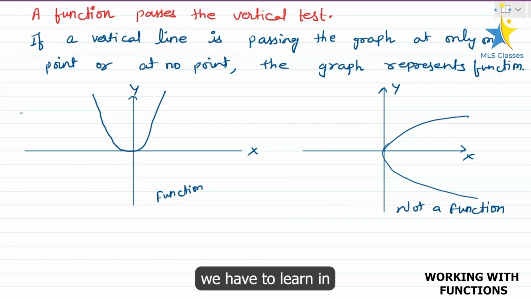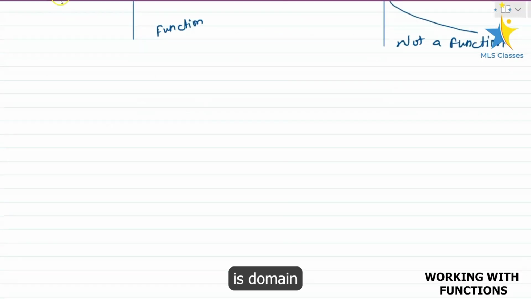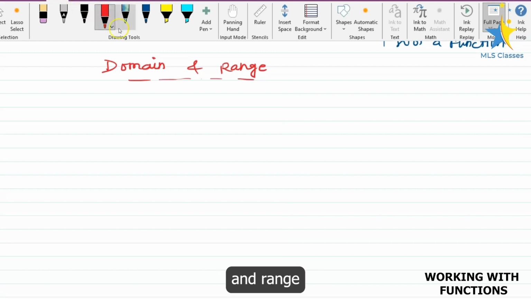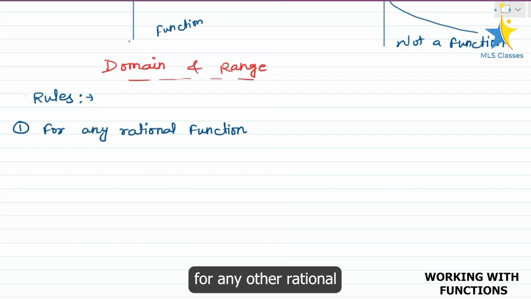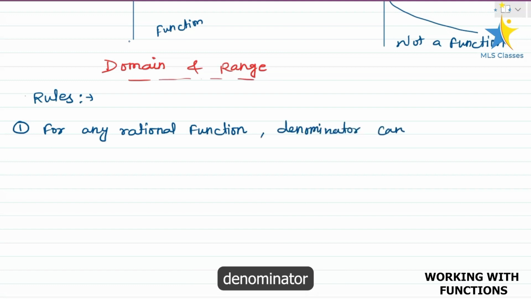Next we have to learn in this topic is domain and range of functions. Domain means the set of all inputs and range means the set of all outputs. Now if we talk about the domain, there are some specific rules for finding the domain and range of some types of functions. For example, first, for any rational function, the denominator can't be 0. We use this rule to find the domain and range of a rational function.